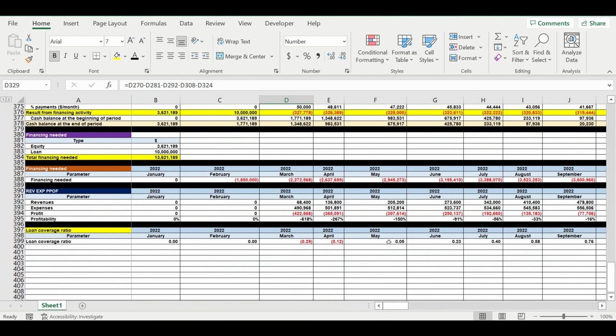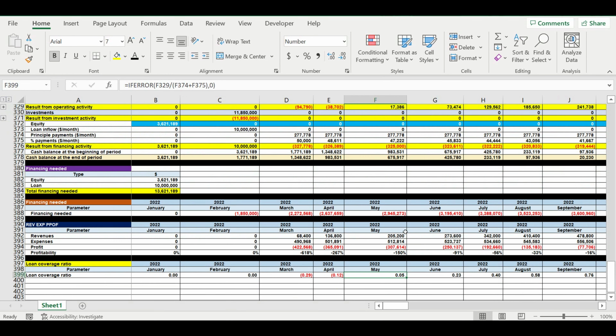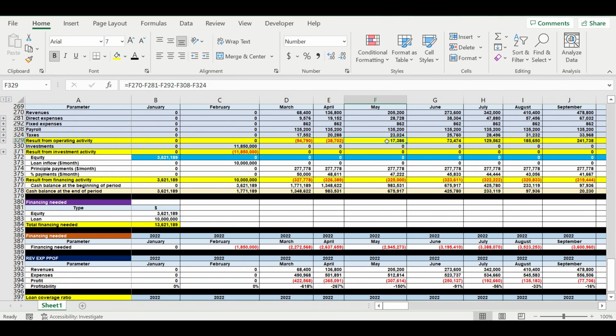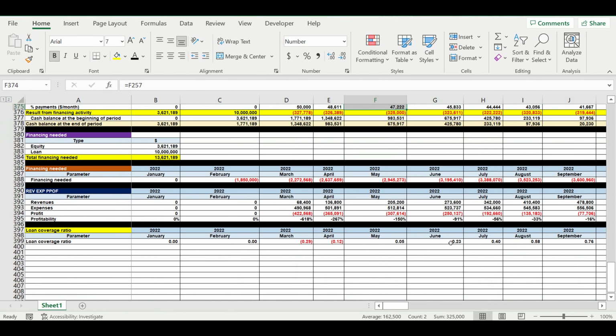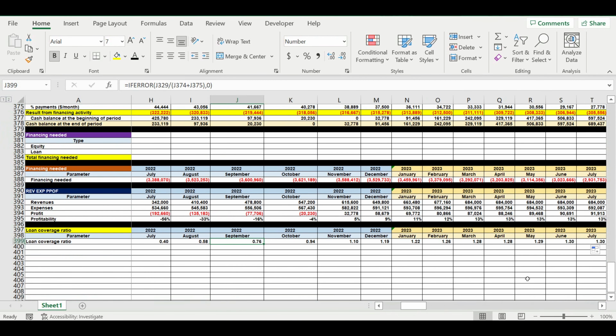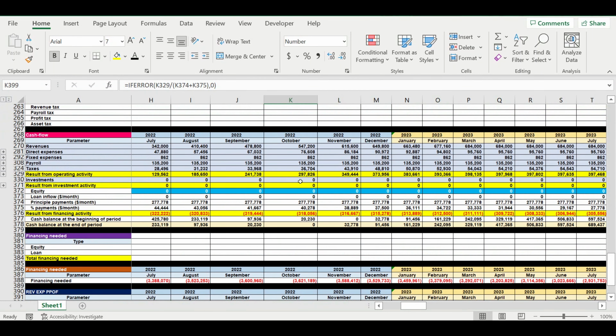If this value is positive but less than 1, this illustrates that we do have a profit, but this profit is lower than the amount of money that we have to pay to the bank. We can see that this value starts growing as the business starts growing, and somewhere here is a break-even point where the profit almost equals the payments to the bank.